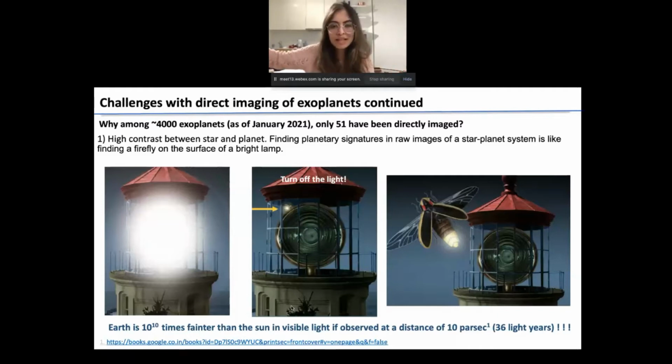You know it's there, but would you be able to see it from 10 parsec away? No, you won't be able to see the planet, because Earth is actually 10 to the power 10 times fainter than the sun in visible light. So you can't really see that faint signal. And that's exactly what we are trying to do.